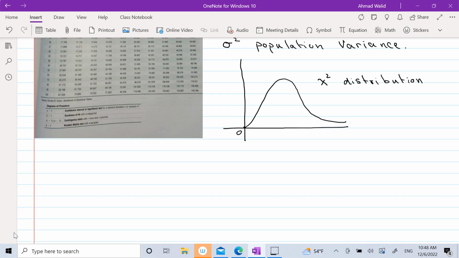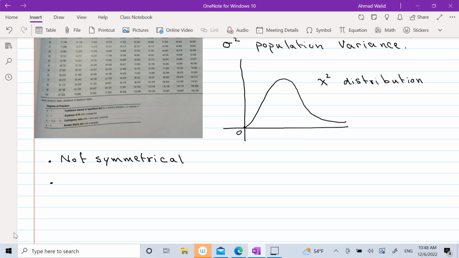It's not symmetric. It's not like the normal distribution. It's skewed to one side. Let's write down those things. First thing, not symmetric. It's really important that this is not a symmetric graph like the normal distribution.